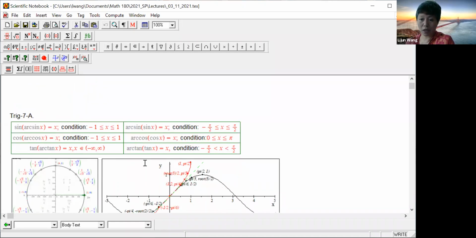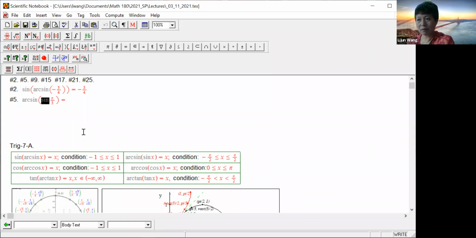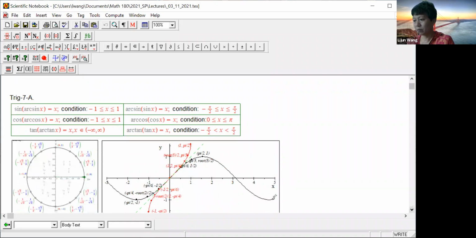Always refer to the sign as we know it. It refers to this sign. But it happens that pi/3 is also in the restricted part, from -pi/2 to pi/2.